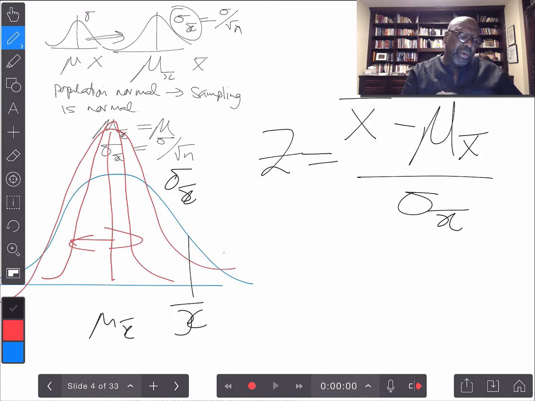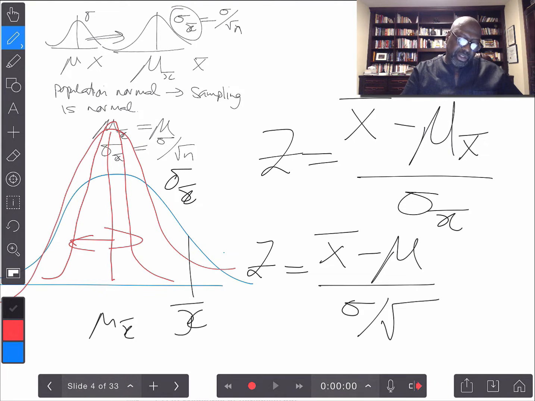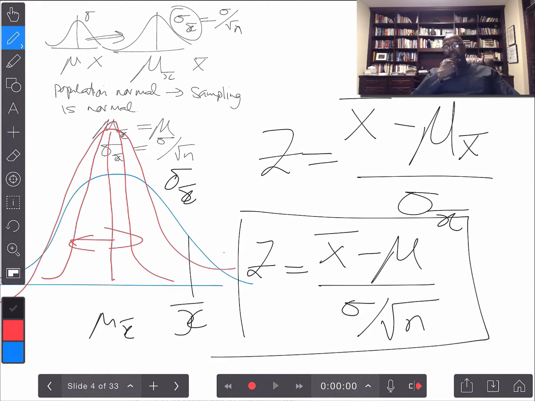But because we have a relationship between the population and the sampling distribution, I could also express the z-score as x bar minus mu, because we know the population mean and the mean of the sampling distribution are the same, and then express the standard deviation of the sampling distribution, or the standard error of x bar, in terms of the population standard deviation. It would be sigma over root n. And so that is the case of the sampling distribution of the sample mean.